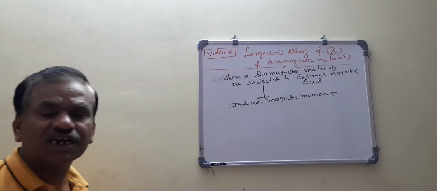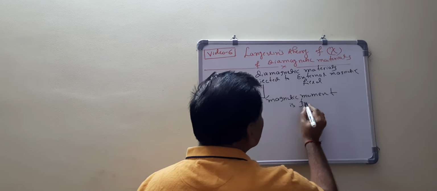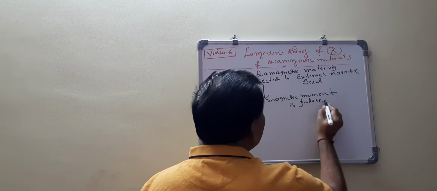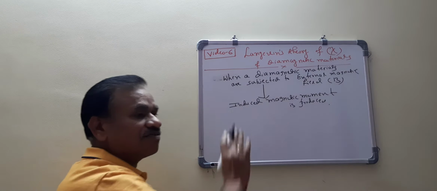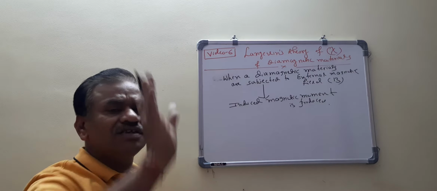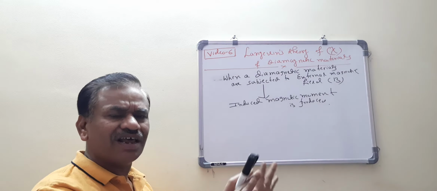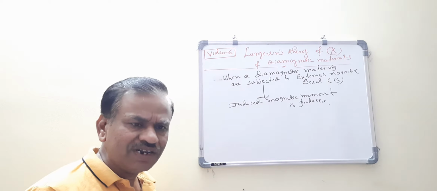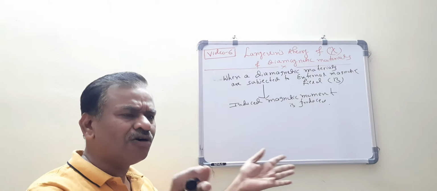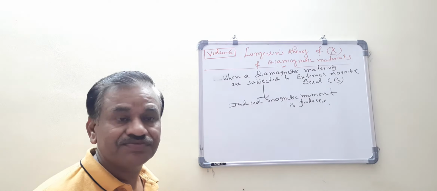If you remove the field, this also becomes 0. It is as good as students being perfectly aligned as long as the teacher is present in the classroom. Once the teacher is absent, all students will again be aligned in random directions.